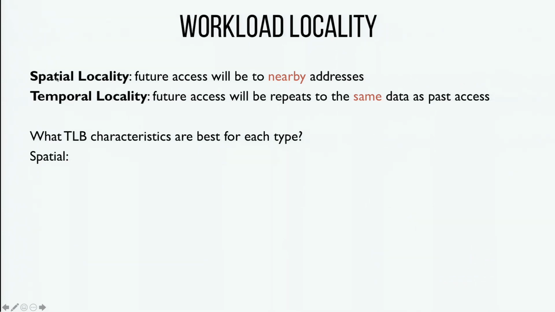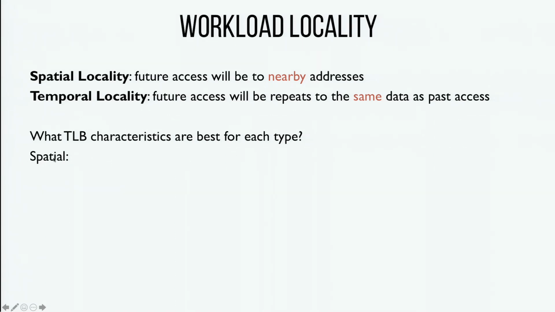So those are the definitions: for spatial locality, future accesses will be nearby to the address that we just accessed, whereas for temporal locality, future accesses are going to be a repeat of those that we accessed recently in the past. So let's think about how the TLB works for each of those types of accesses.